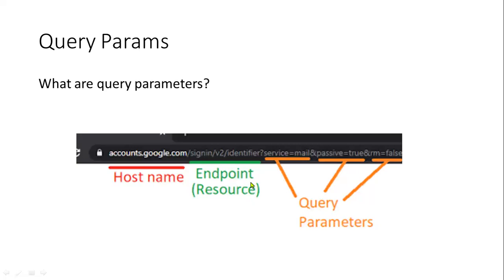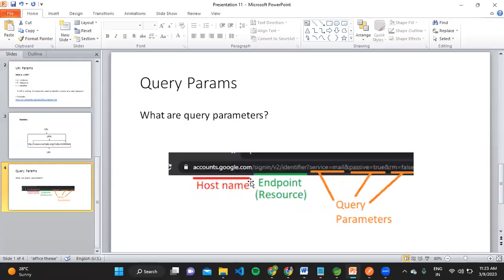Query parameters can be used in various HTTP methods such as get, post, put, and delete to provide additional information or modify data on the server side. Okay. Now we will be seeing a demonstration of URI and query params.